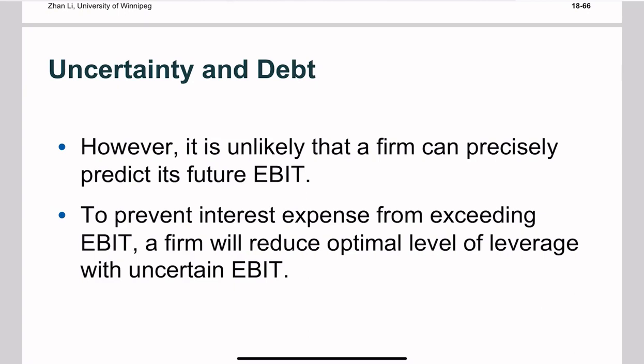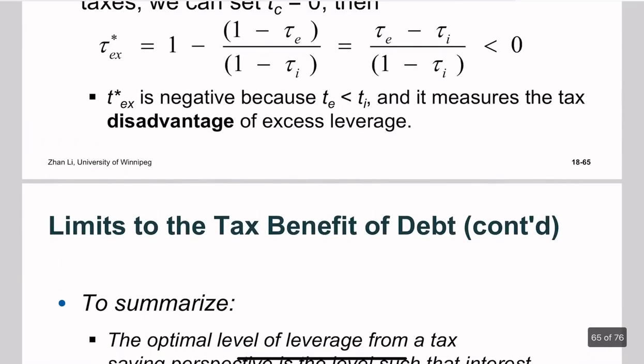If you, as a firm, know the future EBIT is $1,000 for certain, then you will just try to pay the interest expense at $1,000, right?